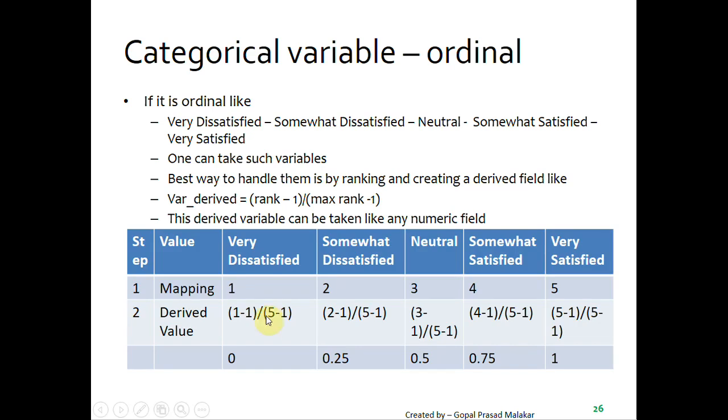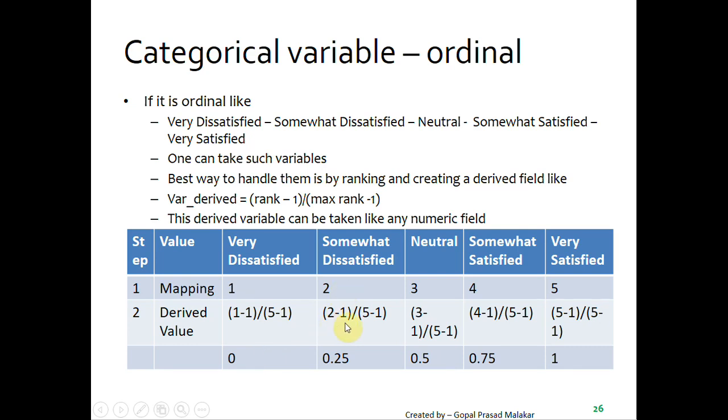So here you have very dissatisfied, somewhat dissatisfied, and so on. We created a mapping like 1, 2, 3, 4, 5. In this, the max rank is 5. So for this particular variable, we are going to compute (rank - 1) divided by (max rank - 1). For 1, 1 - 1 divided by 5 - 1 is 0 by 4, which gives you 0.